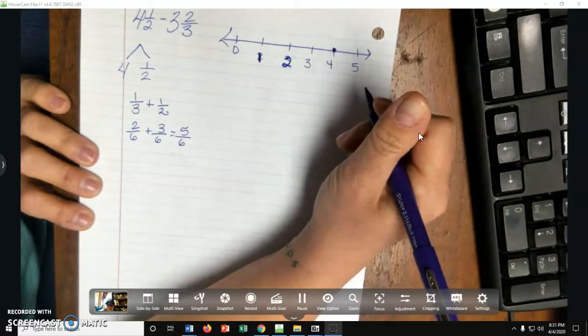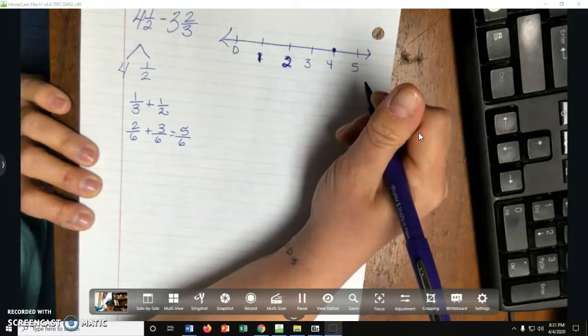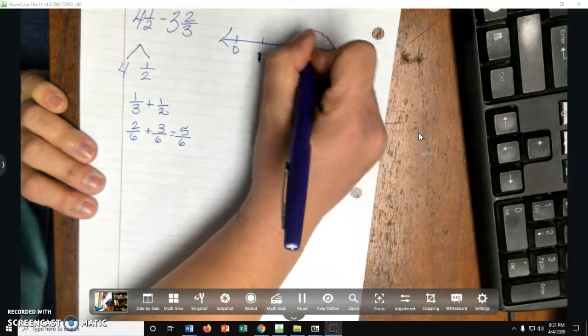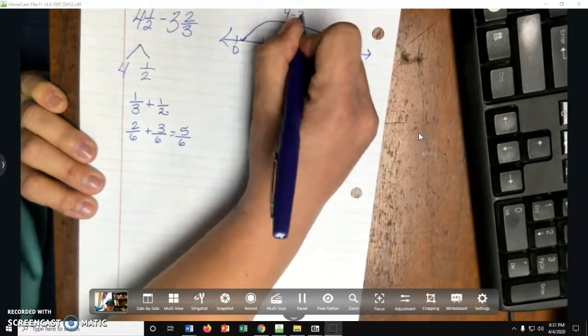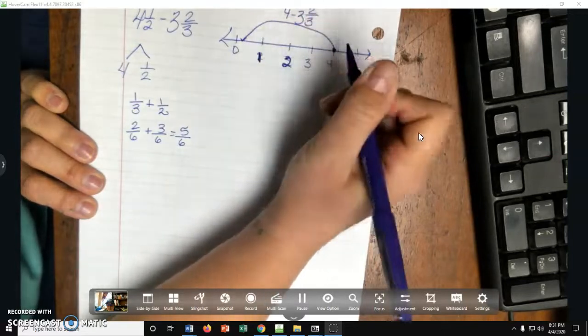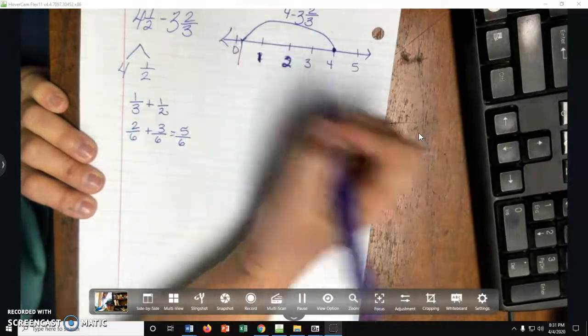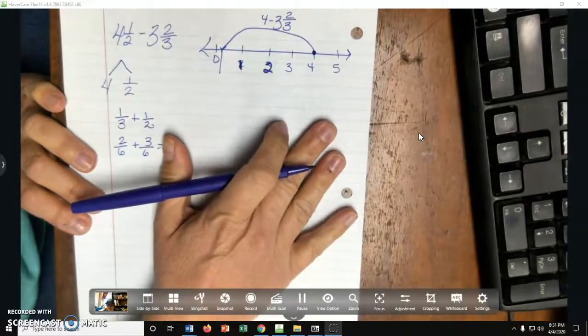and we take away 3 2/3, that's going to put us here. We start at the 4, take away 3 2/3. What is that going to put us at? We had 4 wholes.